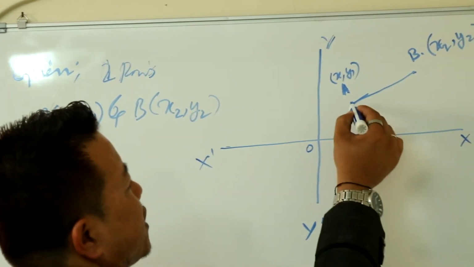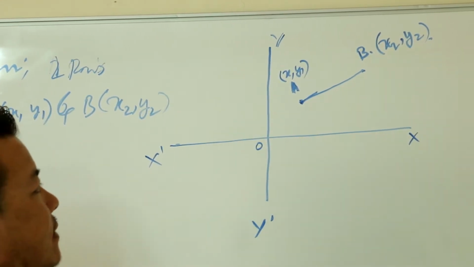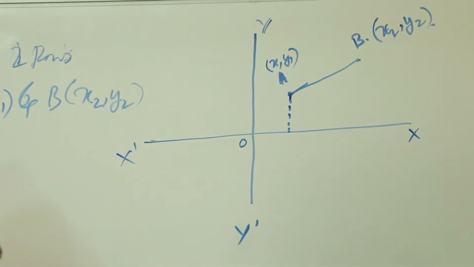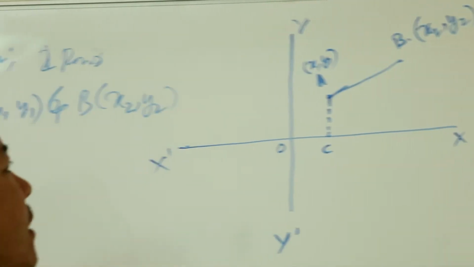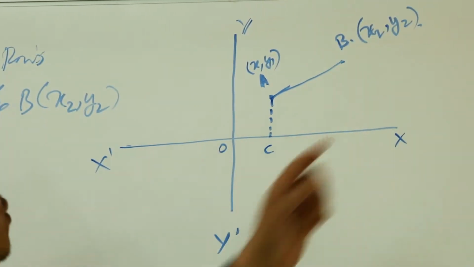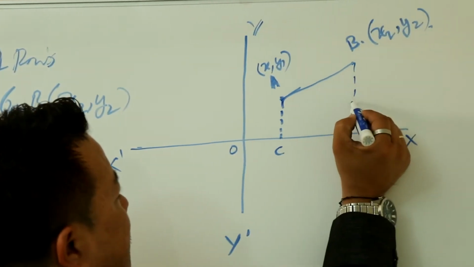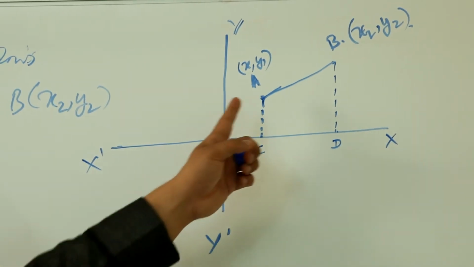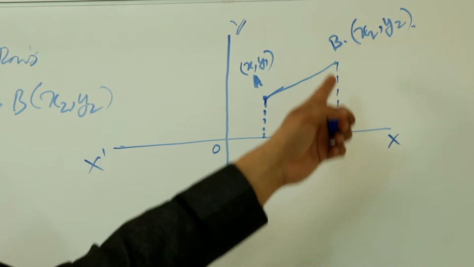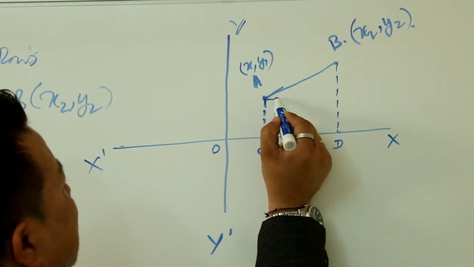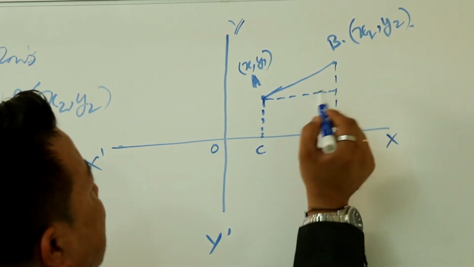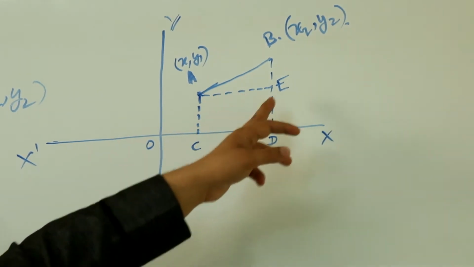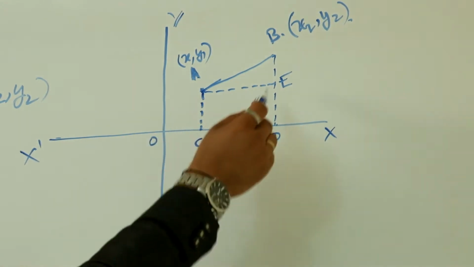Now from this point A, draw a perpendicular on the x-axis, and name it C. Similarly, from point B, draw a perpendicular on the x-axis, and name it point D. Now from point A, draw a perpendicular on BD, that is on the line from B parallel to the y-axis, and name it E. Now you can see in the diagram, this triangle AEB is a right angle triangle.